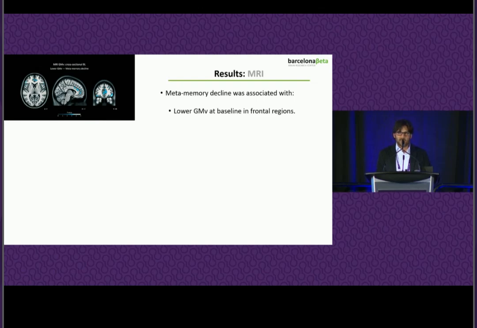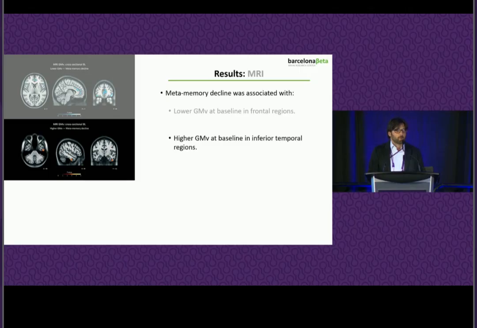Regarding MRI, this is baseline MRI for the negative contrast, so low gray matter levels at baseline were related to lower metamemory in these frontal regions, including also the cingulate and others. We also observed at baseline some positive associations, in which some regions displayed higher gray matter volumes associated with this decrease in metamemory ability.